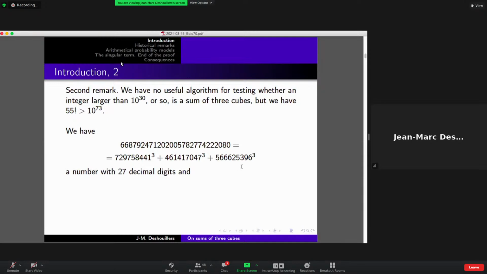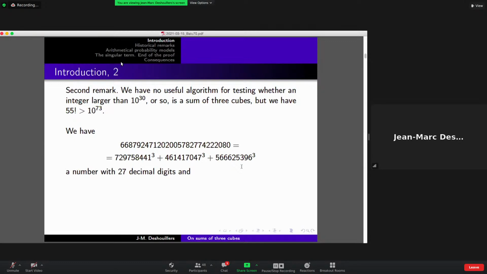There is no very quick algorithm for testing whether an integer is the sum of 3 cubes. Basically, it is the trivial algorithm. You take a pair of cubes and you look at the sum and you see whether n minus this is a cube itself.